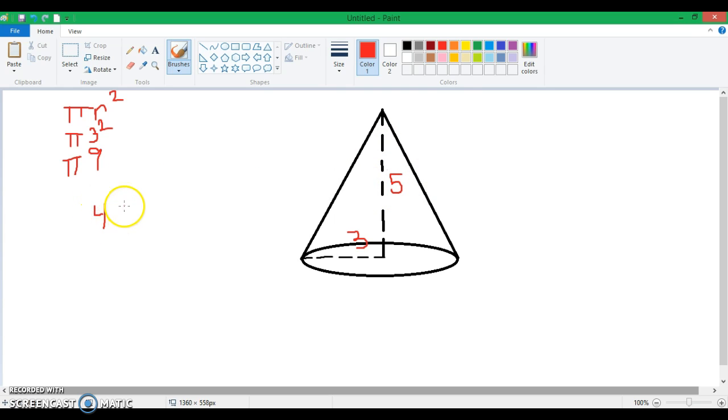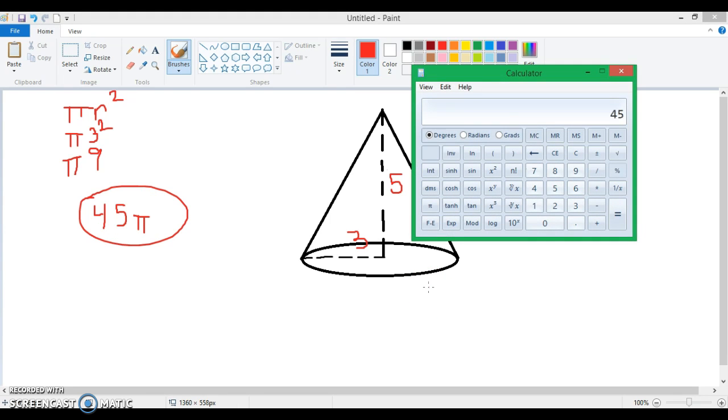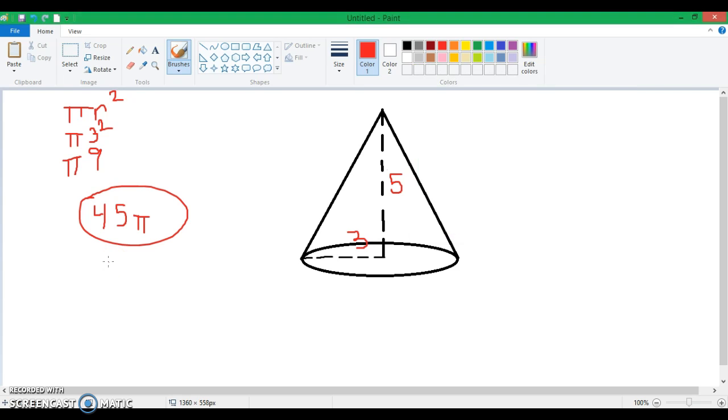So now we have 45 pi. And then the final step is we need to divide this whole thing by 3. So that's 45 divided by 3, which is 15. So the volume of this cone is 15 pi.